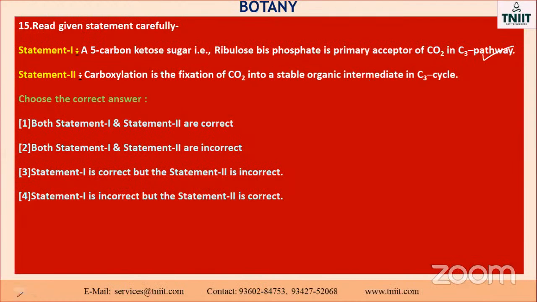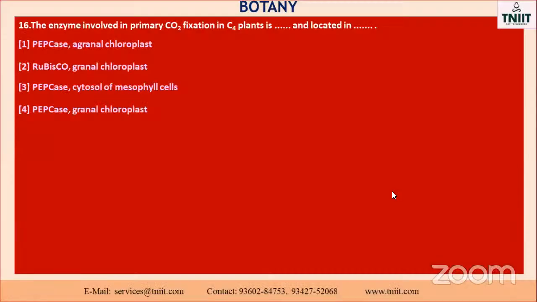It is an unstable compound. The 3C compound is an unstable compound. That is very, very important. So this is the wrong statement. So the answer is which one? The statement 1 is correct, but statement 2 is incorrect. Okay, my dear, so this is the correct one.